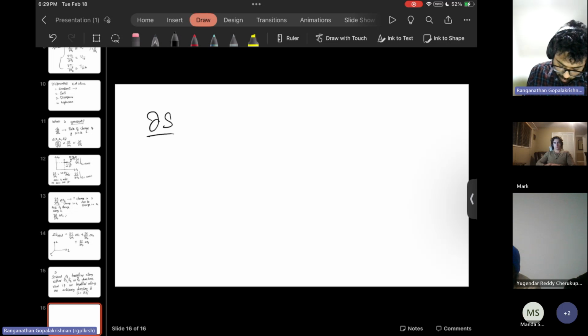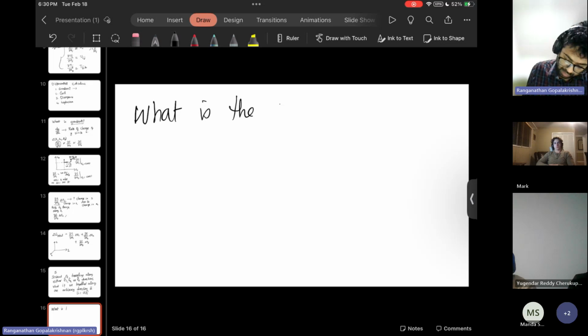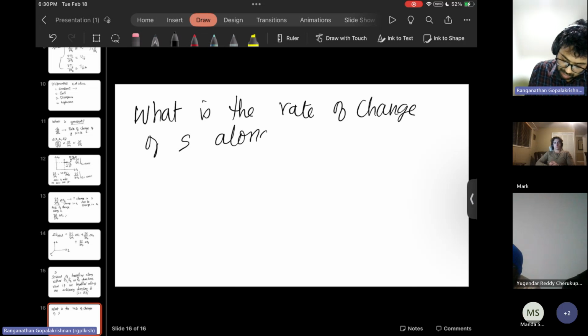So if I say partial s over partial x1, I want to know the rate at which this quantity changes along U. I'll state the question first before I state the answer. We would like to evaluate the rate of change of S along U. That is the question.